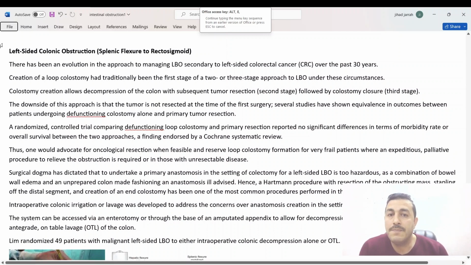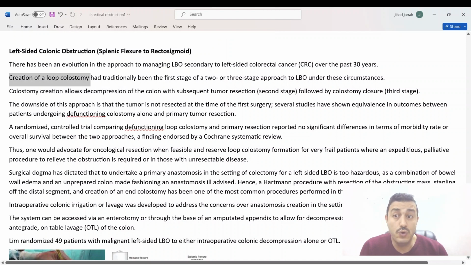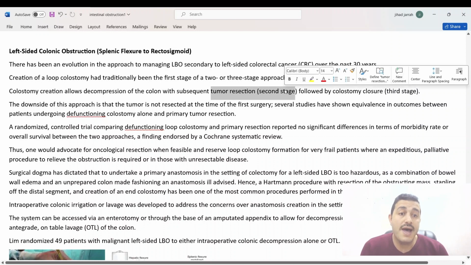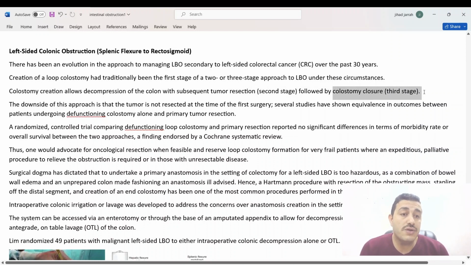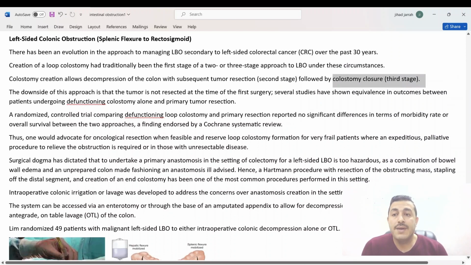You can see here the creation of a loop colostomy, if we have a malignant left-sided colon tumor. This is the first stage, the second stage is the tumor resection, and the third stage is closure of the stoma.